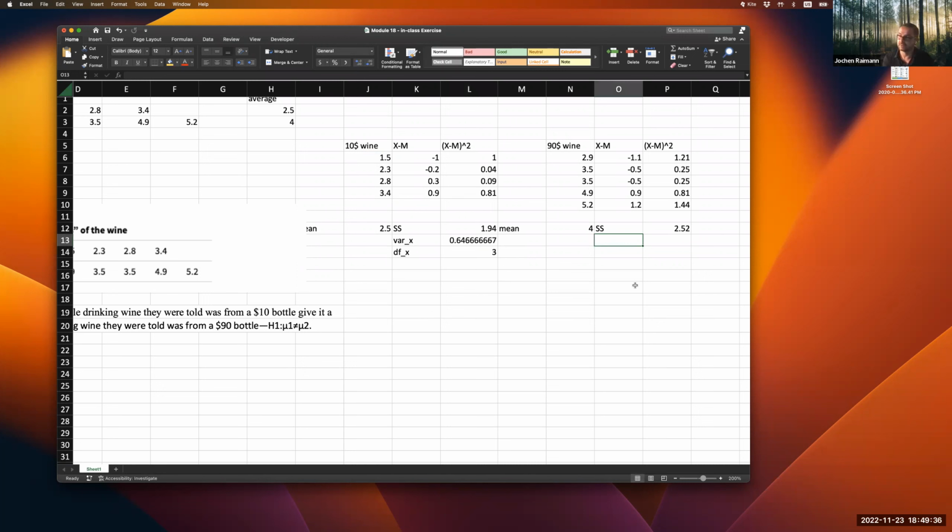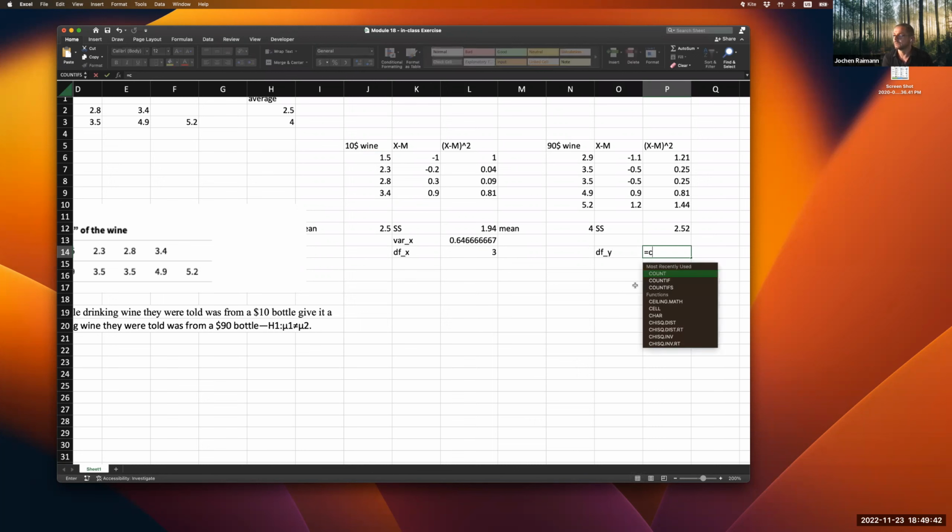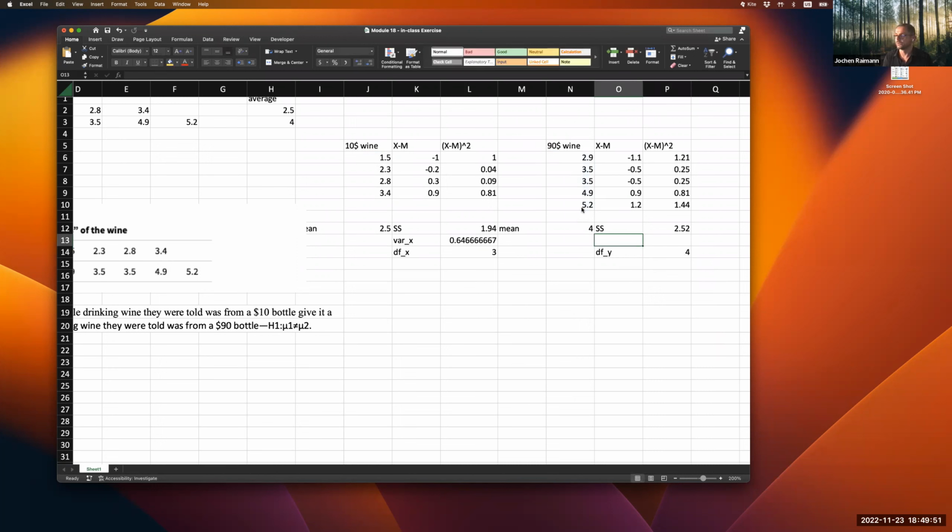So we have here again, the degrees of freedom first: degrees of freedom for X equals count of these 5 entries minus 1. So that's 4. So we have now our 2 degrees of freedom. Now we want to have a variance of Y, and that's basically now the sum of squares divided by our degrees of freedom.